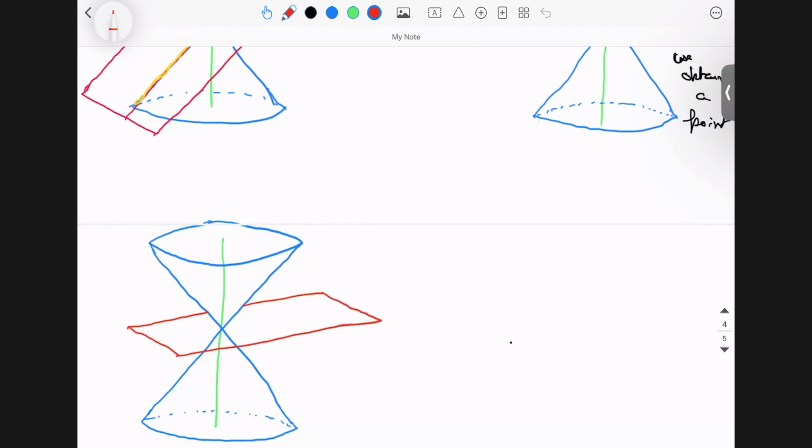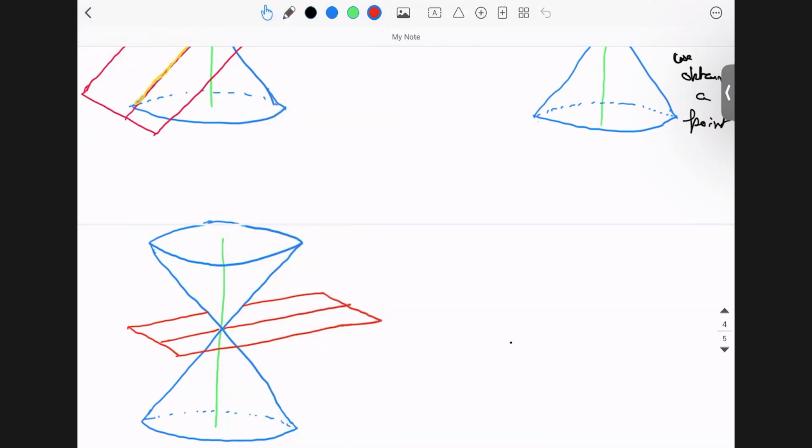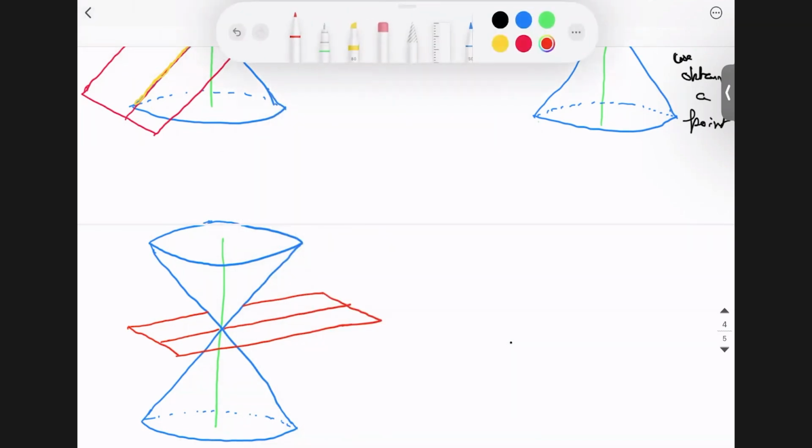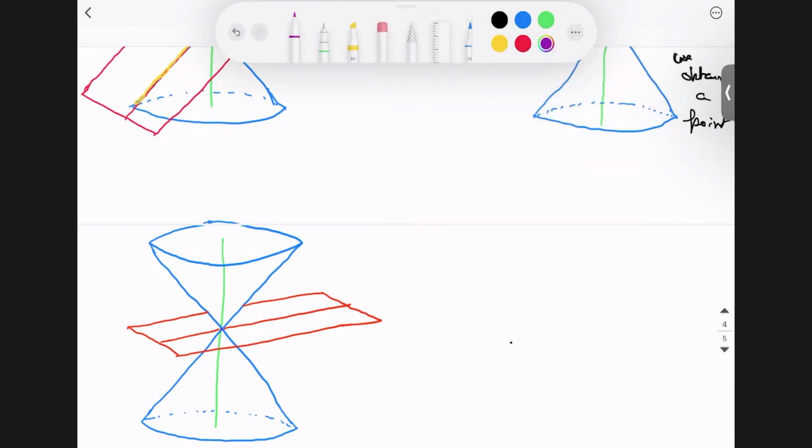Passing through the vertex, and clearly check that this angle is alpha and this angle is beta.